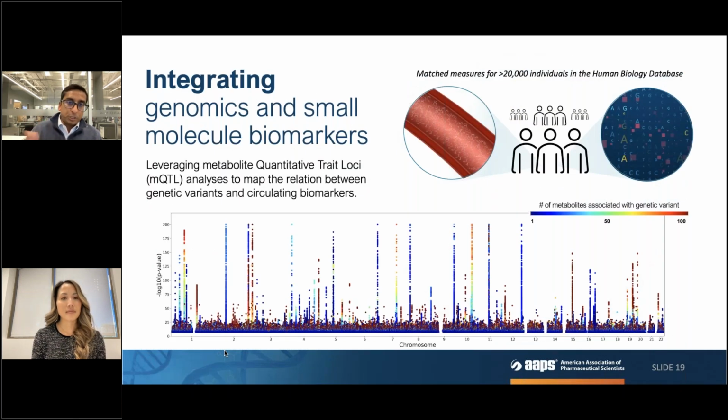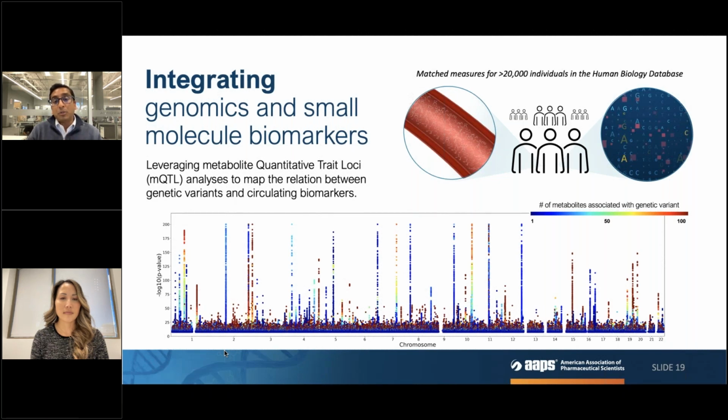To show you just one such example of it, here's how we begin to integrate genomic measures and small molecule biomarkers. So in the Sapient Human Biology database, we have over 20,000 individuals in which we have matched deep interrogation of the underlying genome, as well as from their blood, measures of these small molecule biomarkers. Essentially, this allows us to do genome-wide association around any single biomarker.